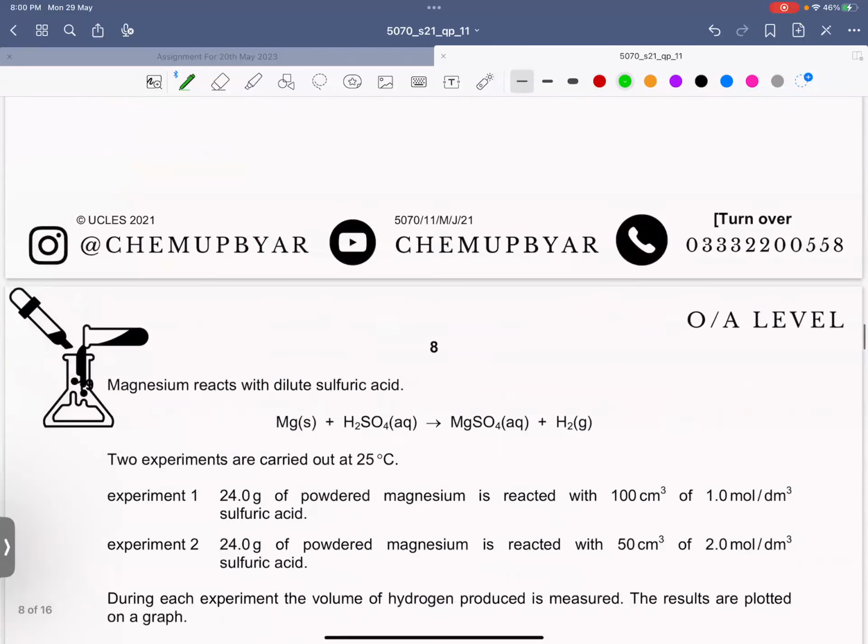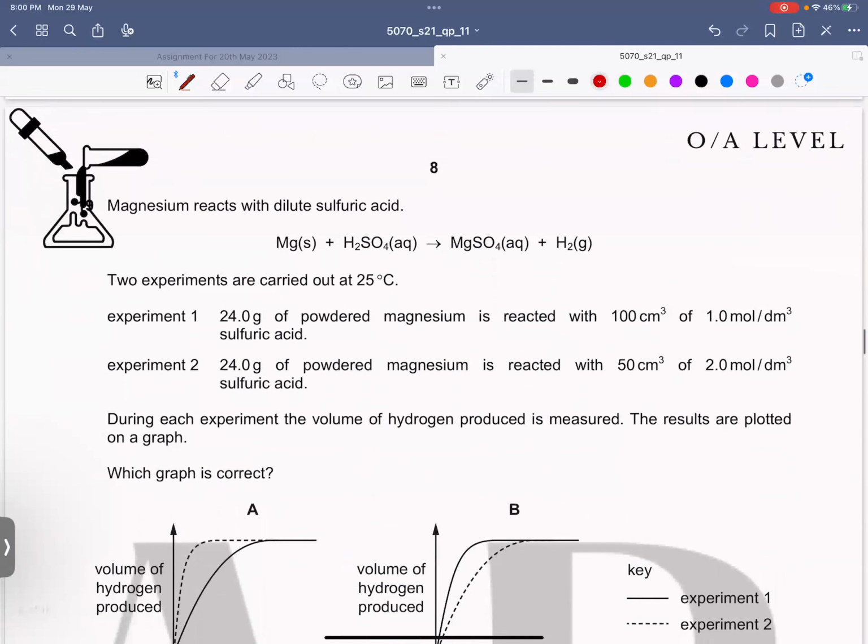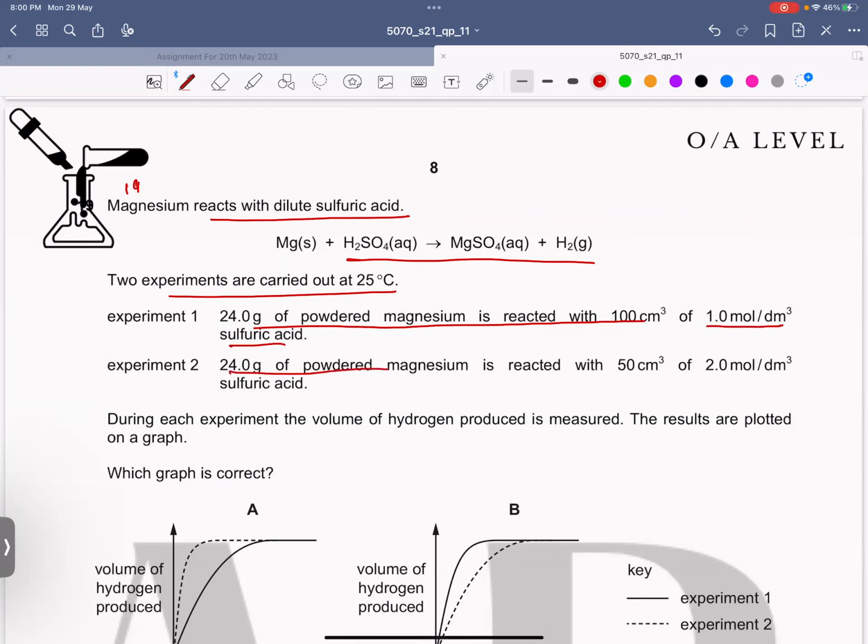Now, question number 19, magnesium reacts with dilute sulfuric acid. Two experiments are carried out at 25 degrees Celsius. 24 grams of powdered magnesium is reacted with 100 cm cube of 1 mole per dm cube sulfuric acid, and 24 grams of powdered magnesium is reacted with 50 cm cube of 2 mole per dm cube sulfuric acid.